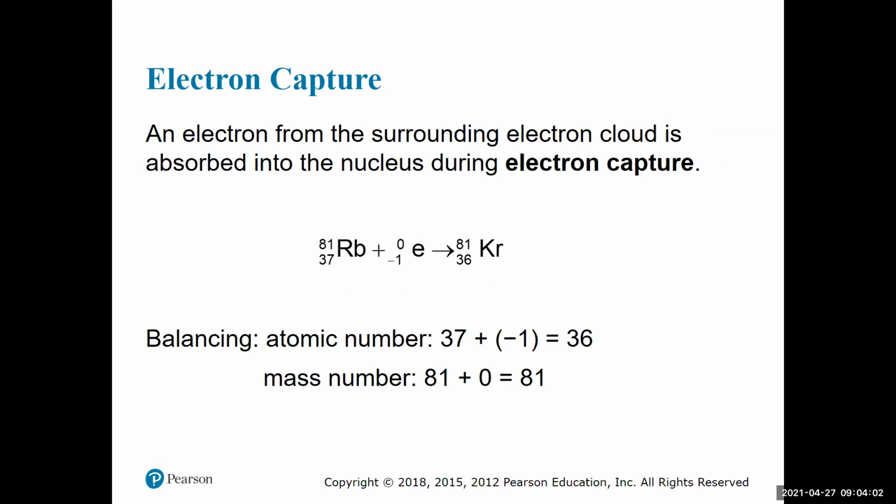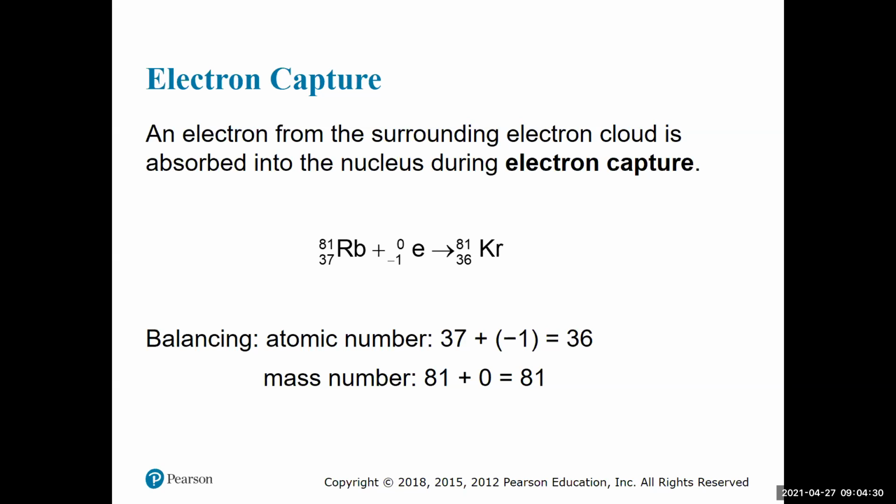Okay, electron capture. So this is one that we talked about just a moment ago about how an electron from that electron cloud gets absorbed by the nucleus in this process. And so in this case, we see here on the left-hand side of our equation, an addition of an electron. So there's no mass involved, but there is that -1 in terms of the charge.